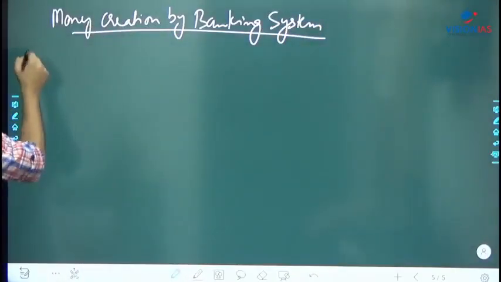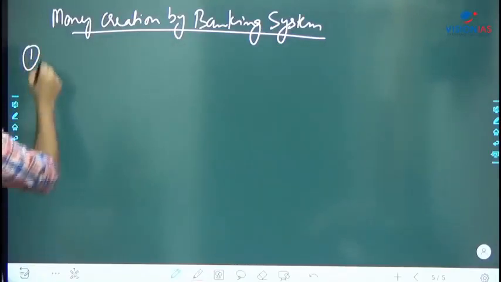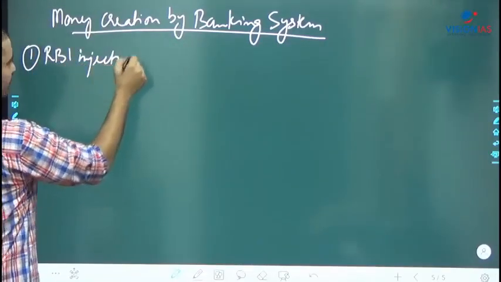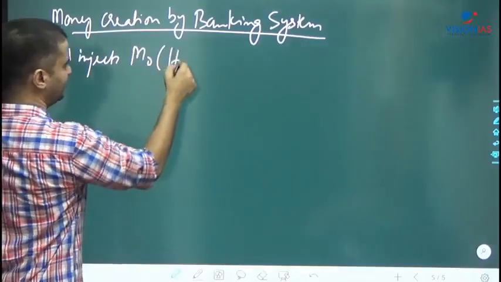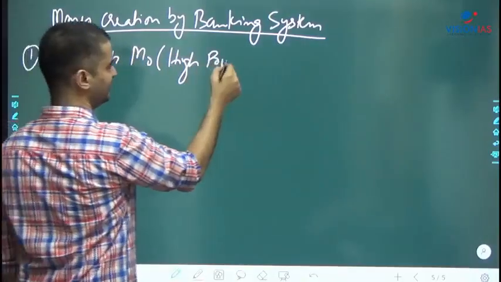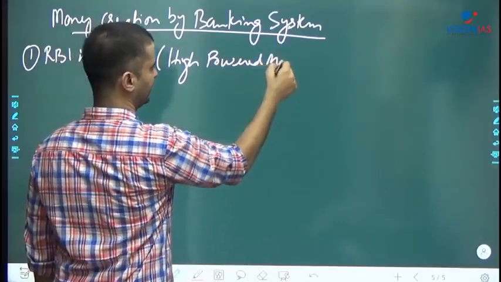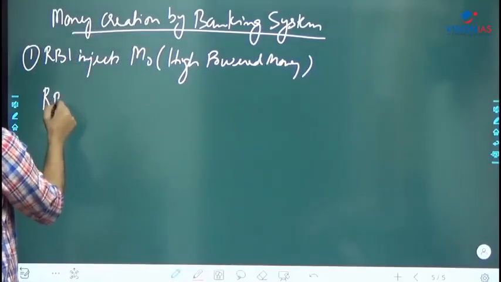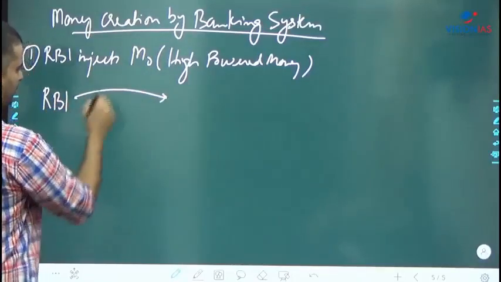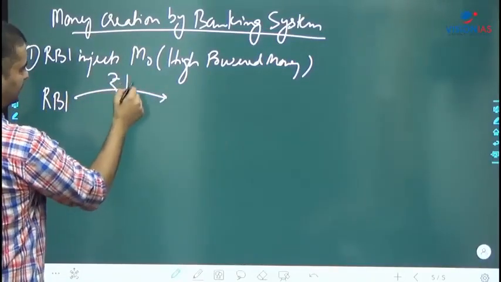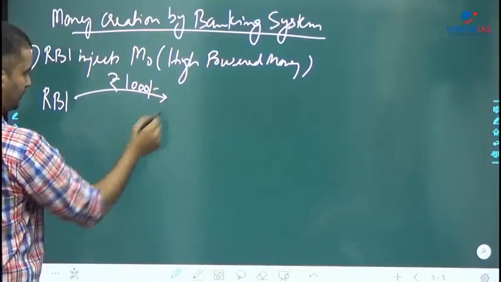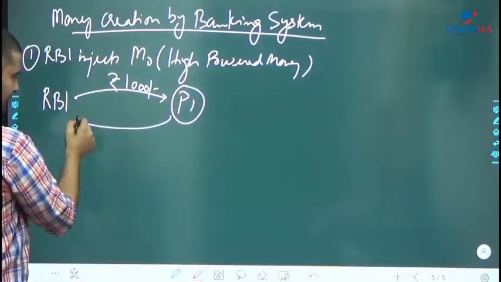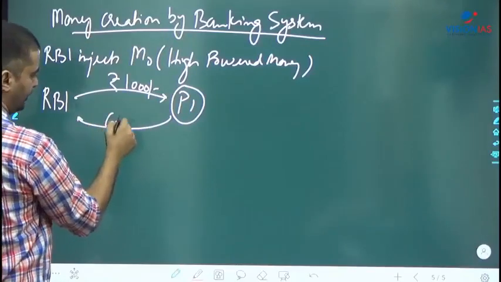So step one, RBI injects M0, that is high powered money or seed money. How does RBI inject? Let's say RBI gives 1000 rupees to P1, person 1, and RBI buys gold in return.